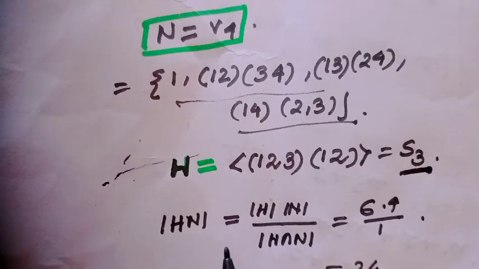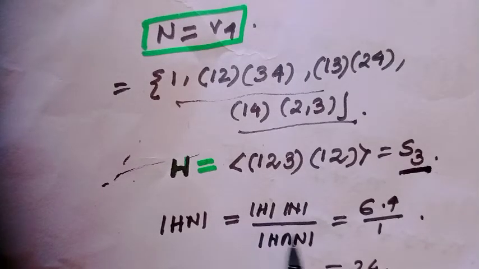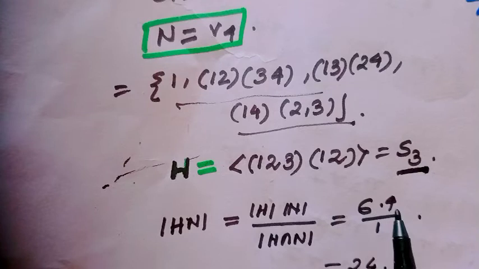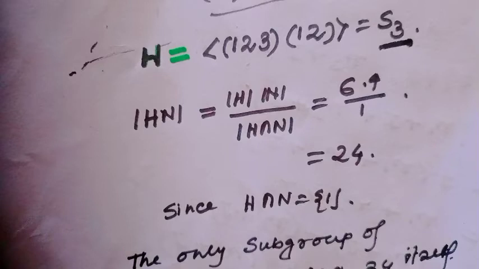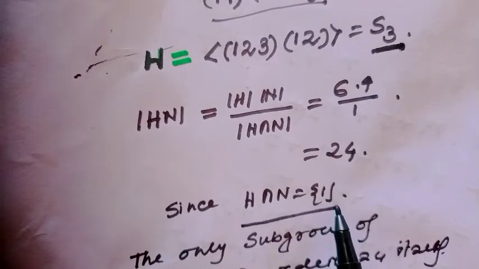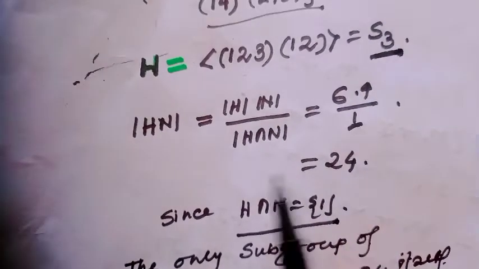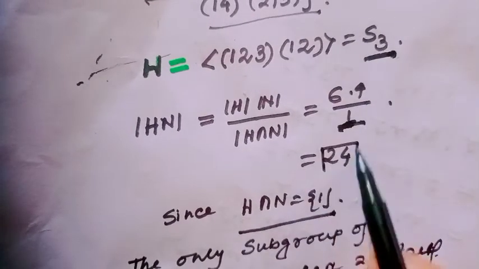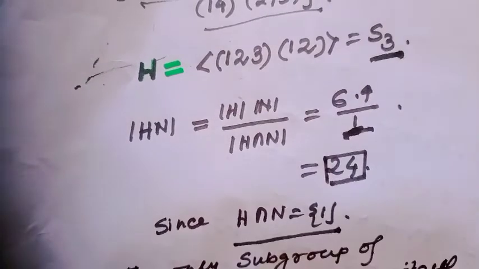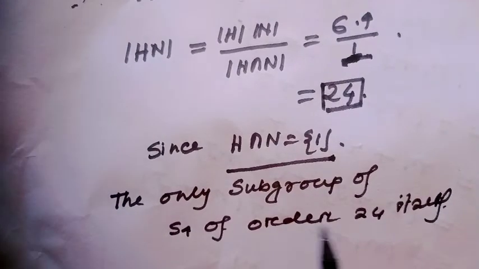The order of SN, by definition, is the order of S times the order of N divided by the order of S intersection N. That means this is equal to 6 times 4, and here S intersection N is just the singleton set {1}, so this is 1. That means the order of SN is equal to 24. And we all know the only subgroup of S4 of order 24 is itself.